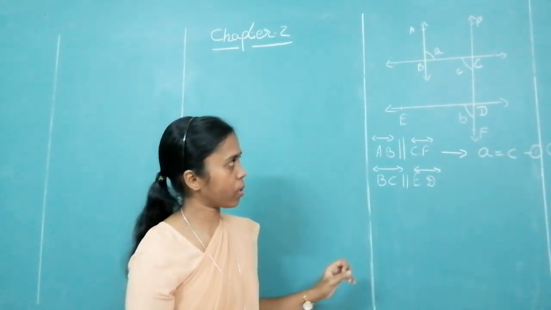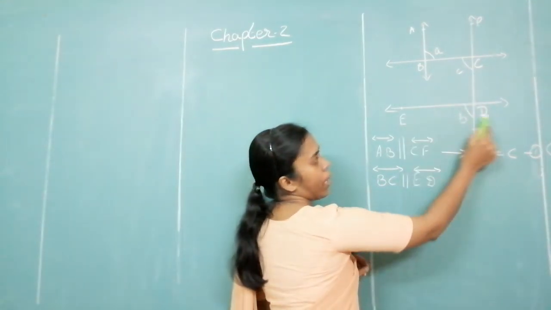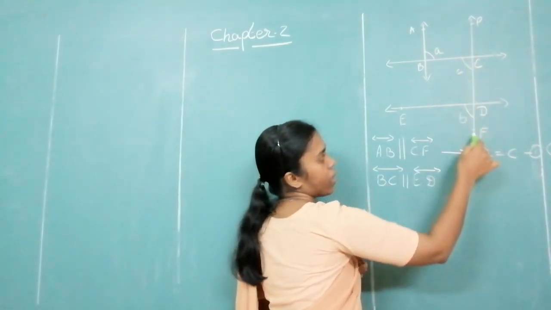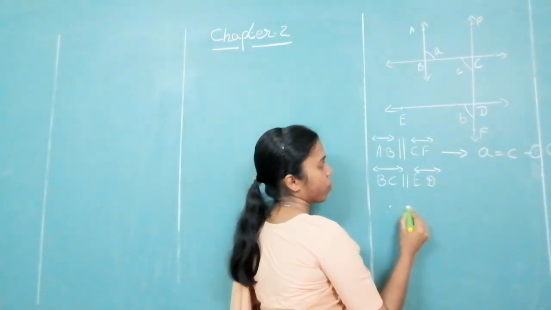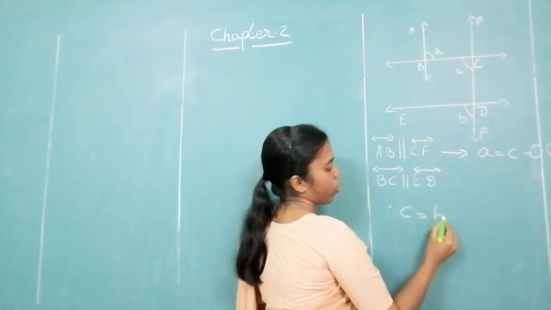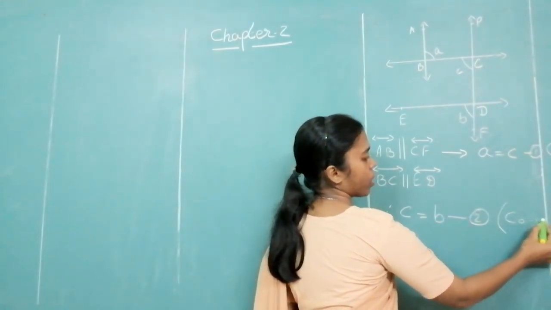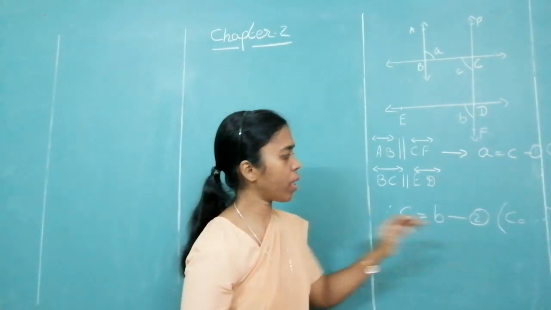Okay. Next, you also know that BC is parallel to ED. BC is parallel to ED. This is the transversal. Can you say about C and B? Therefore, C is equal to B. Second equation. Reason, what type of angles they are? Corresponding angles. Now look at equation 1 and 2.